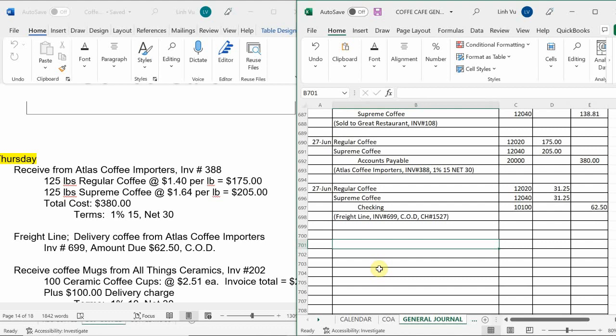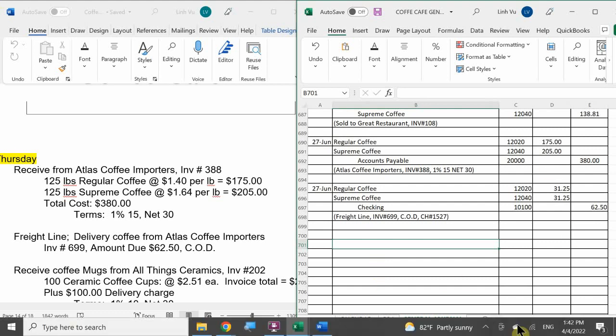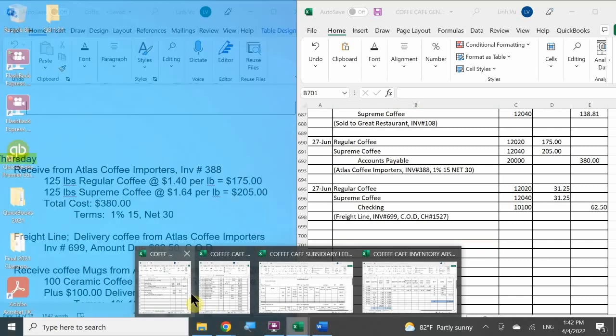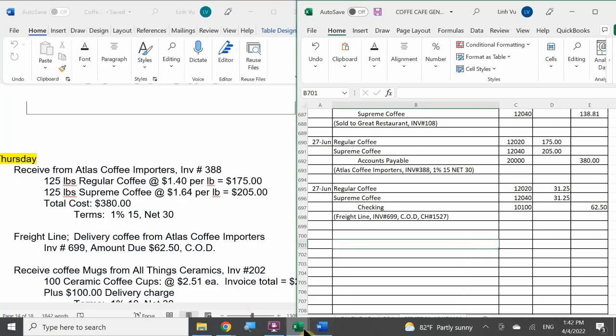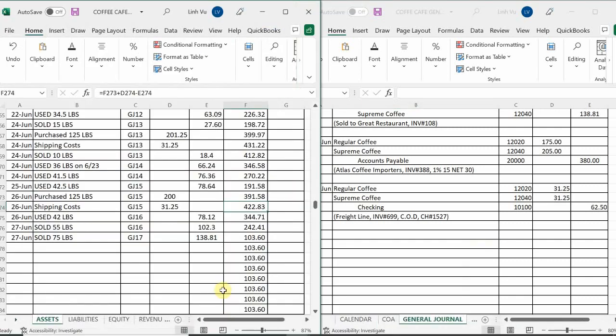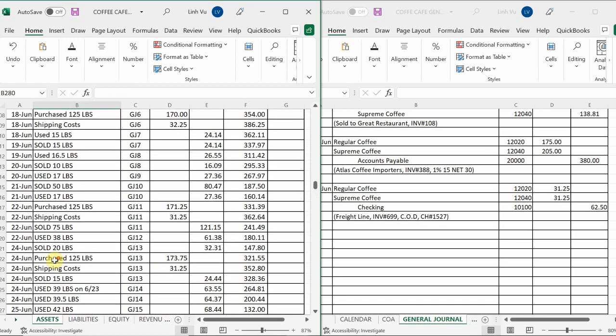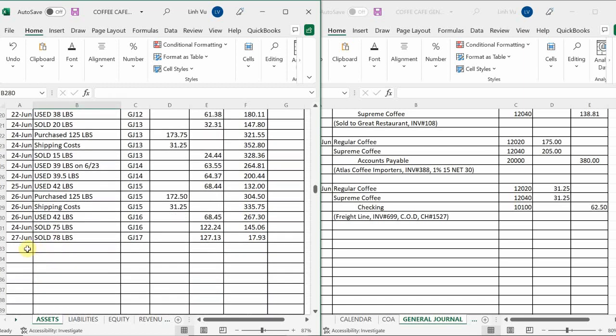The general ledger. Good, starting with regular coffee. So here we are. We left off on the regular coffees after doing the inventory adjustment. So in this case, we have purchased 125 pounds and we got some shipping.